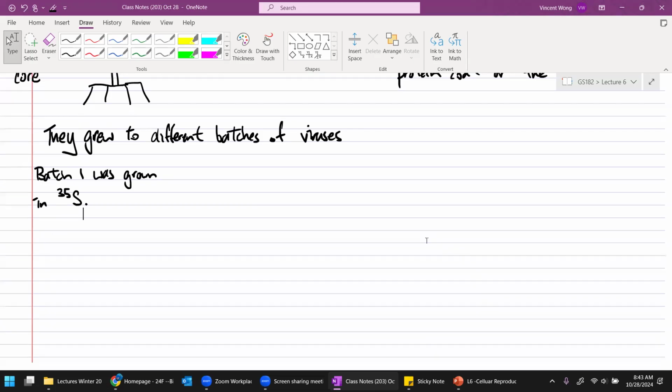Okay? So please try to understand this. We have the virus. The outside is made up of what? Proteins. The inside is the DNA, right? So if you grow viruses in radioactive sulfur, is the protein going to be radioactive, or is the DNA going to be radioactive?